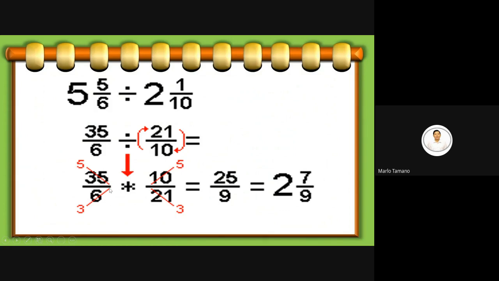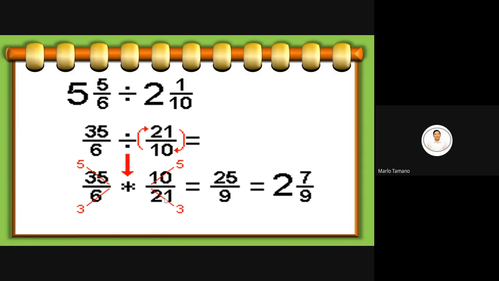Next step, ifo-follow yung 3 keys. So we have the keep: 35/6, kopya nyo lang. Change: from division, naging multiplication. Then flip the second fraction, 21/10, make it 10/21.